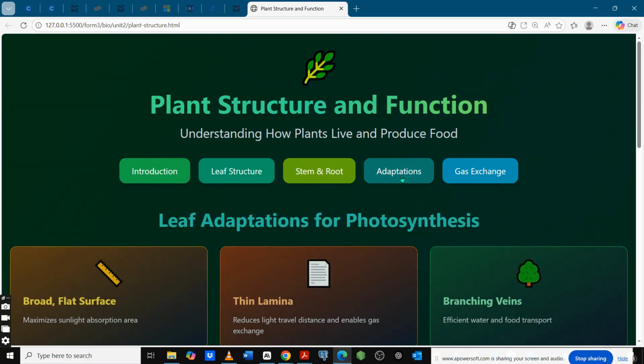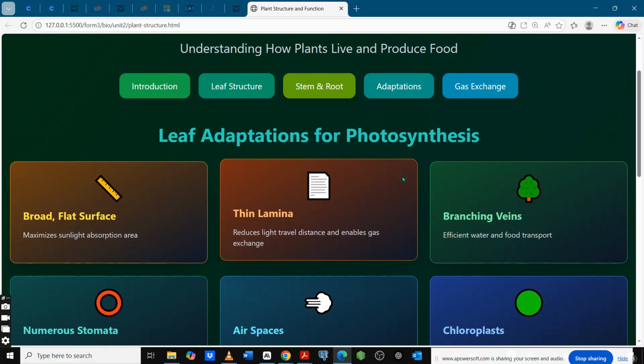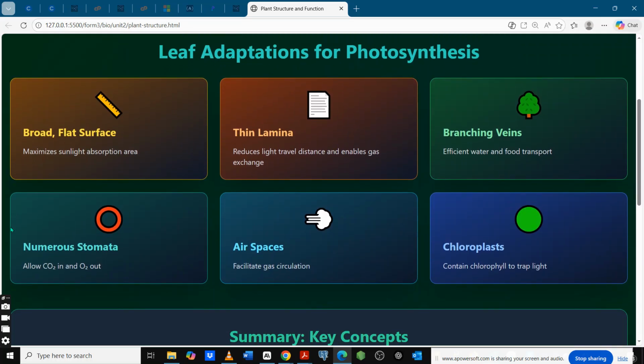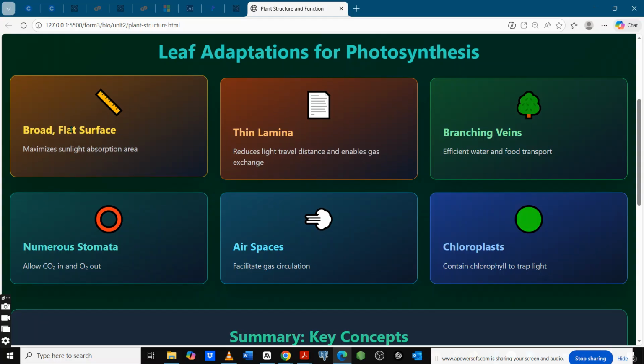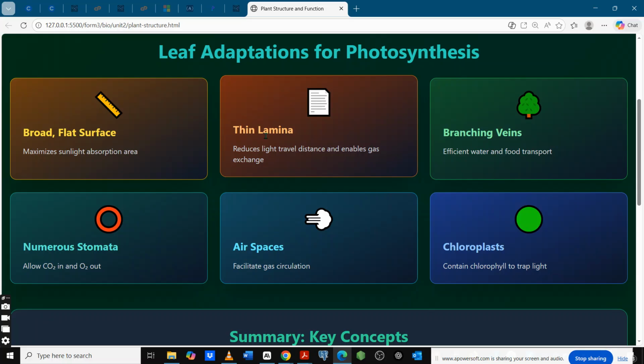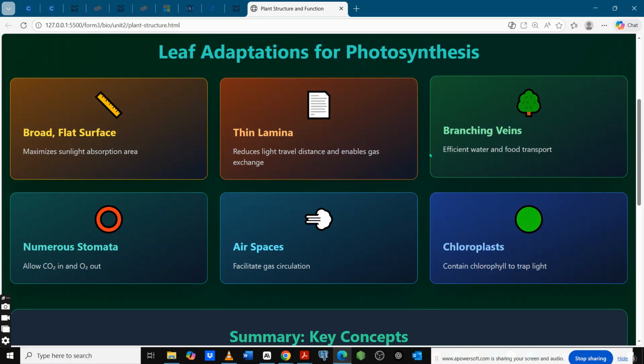Adaptation of a leaf for photosynthesis. What are the adaptations of a leaf for photosynthesis? A leaf is broad and flat to maximize sunlight absorption area. It has a thin lamina, which reduces light travel distance and enables gas exchange. It has branching veins, which are efficient for water transport and food transport.